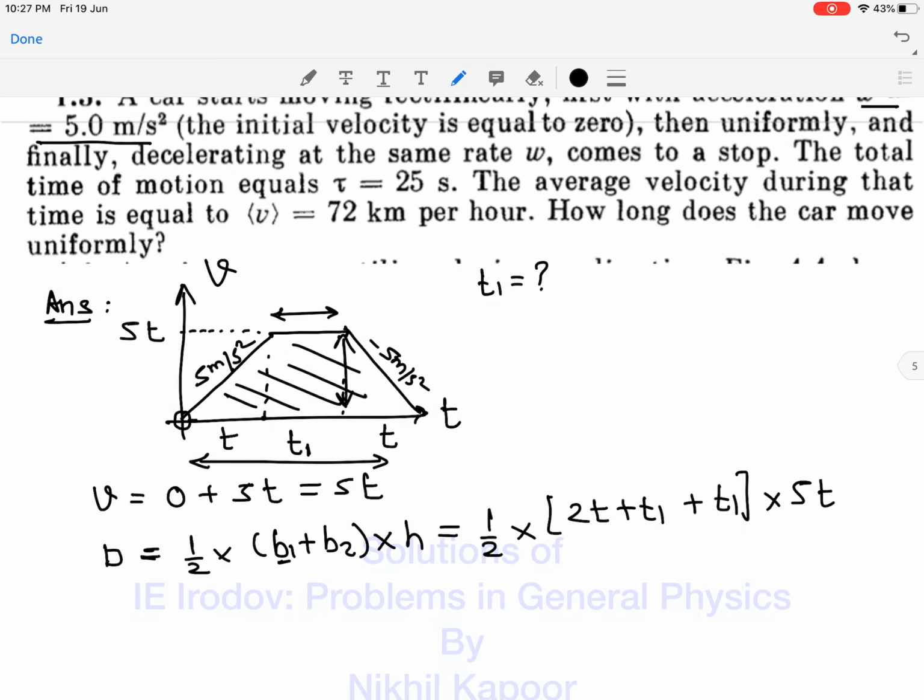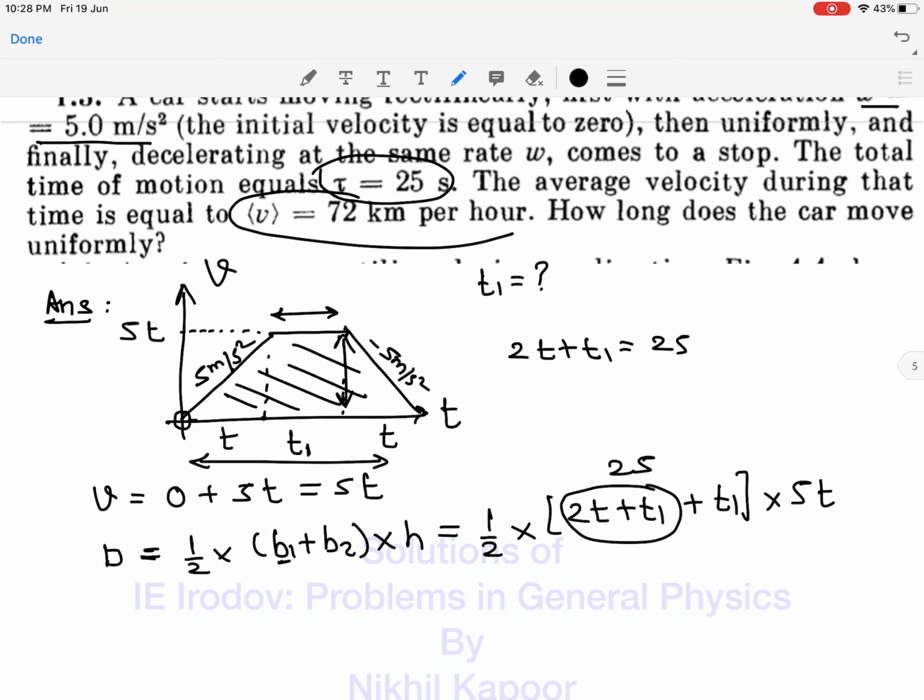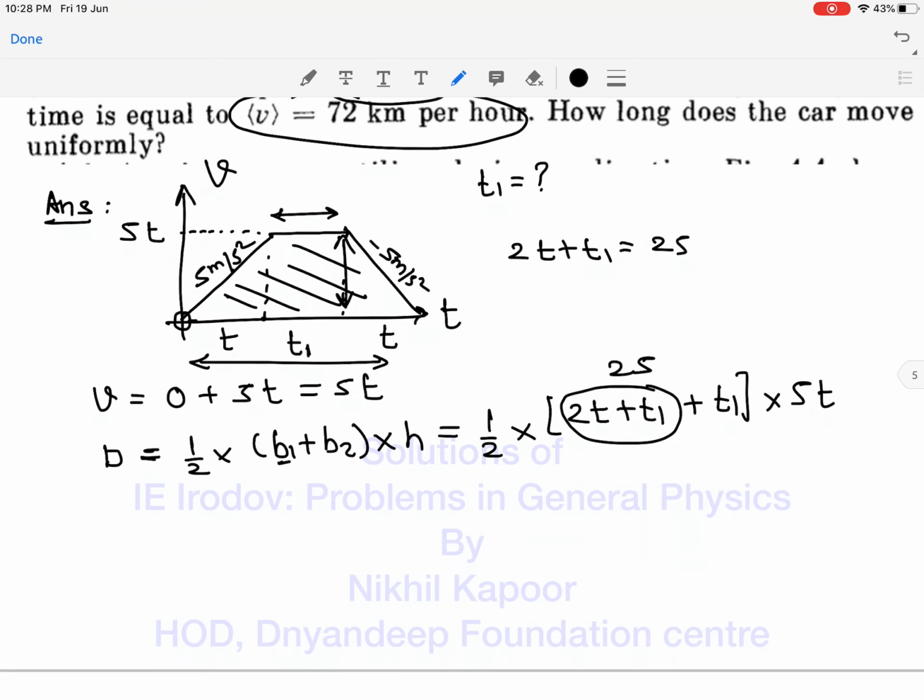And here the total time is given as 25 seconds, that is 2t plus t1 is 25. So instead of writing 2t plus t1, I can write 25. As well as average velocity is also given to us.